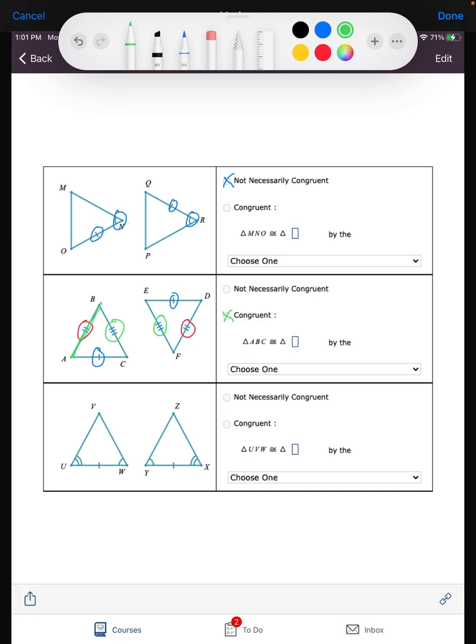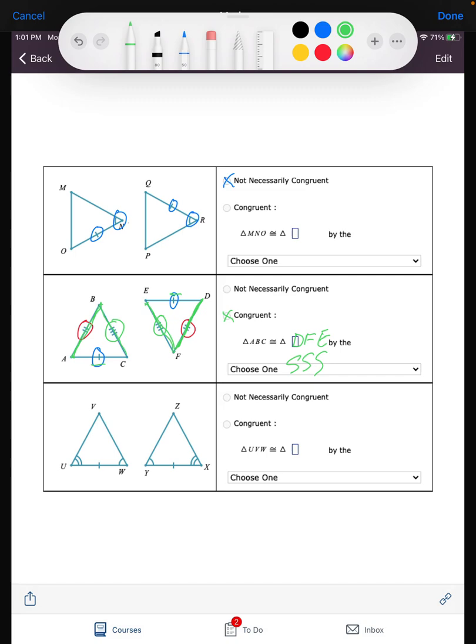So D to F also has 2 hash marks, and D to E has 1 hash mark, like A to C. So triangle ABC is going to be congruent to triangle DFE, and we can say this is by our SSS, or side, side, side theorem.